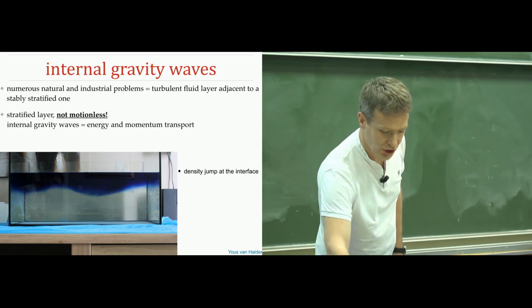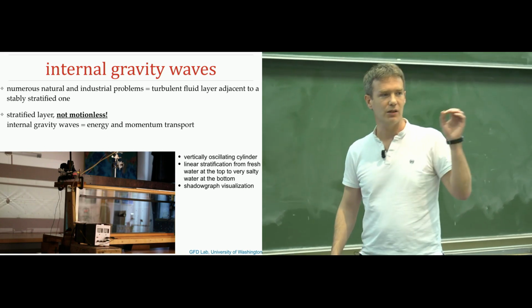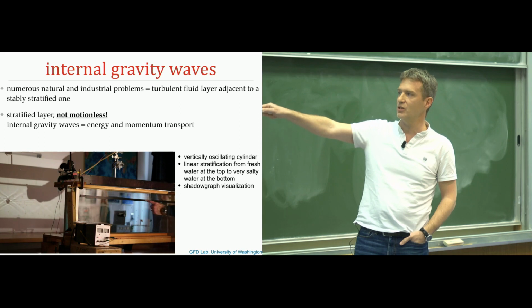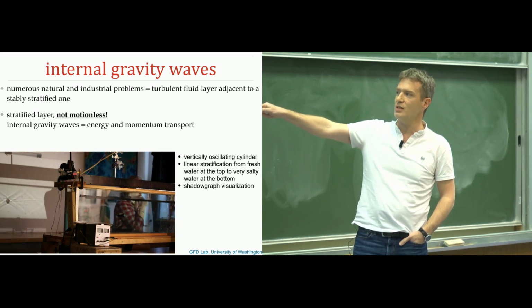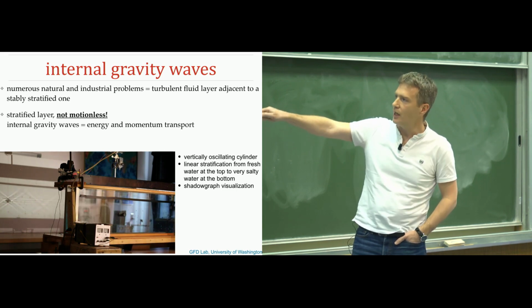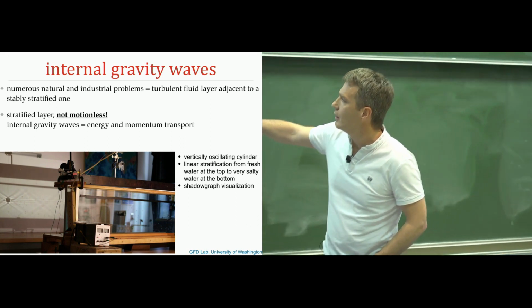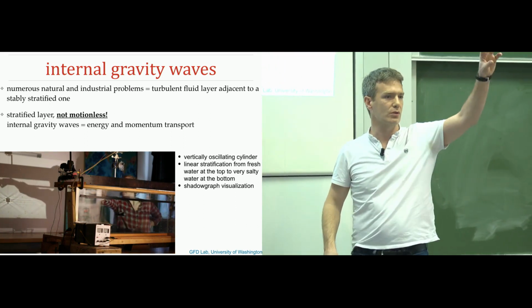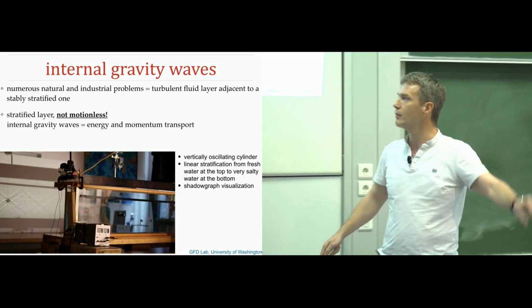But now, if you imagine that the density progressively increases with depth, so in this tank, which is about 20 centimeters, you have freshwater at the top and a linear increase in the concentration of salt to the bottom, which is very salty. And you have, oh, you don't see it very well, but here you have a small cylinder that moves slowly up and down like this.